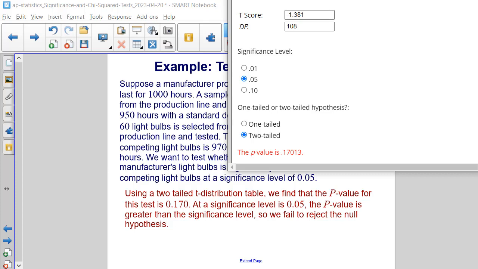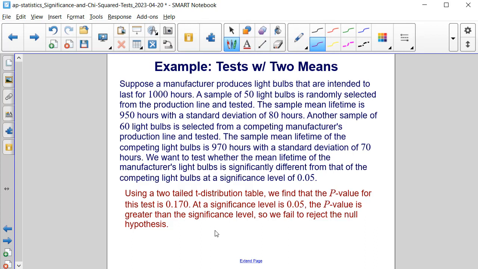We put in that t-score value from the previous slide, and calculated the degrees of freedom by doing 50 plus 60, and those values were found here and here, minus 2, which gives us 110 minus 2, which is 108.